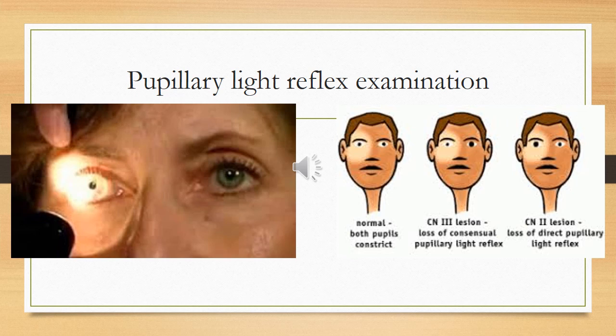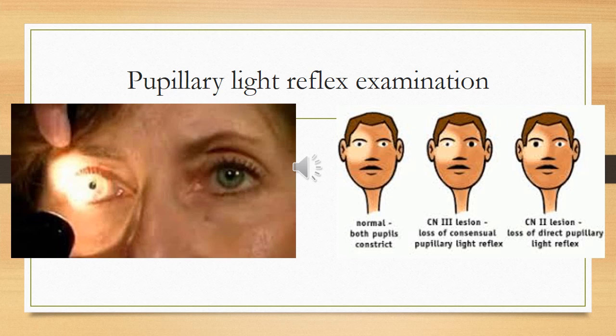Constriction of the right pupil will cause the direct pupillary light reflex, and constriction of the other pupil is called the indirect pupillary reflex. On the right hand side, there are three cartoon faces. The first one is where both pupils constrict in reaction to the light directed to the right pupil.